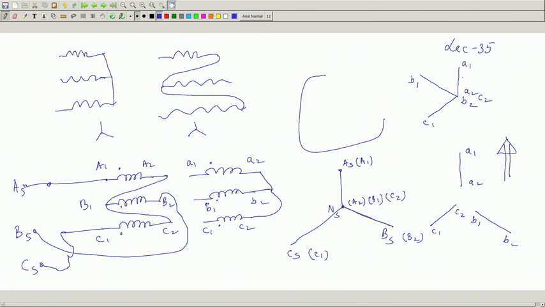Length of each of them will be 100 volt, provided you have applied here 200 root 3. Length of this is 200. So, 100 volt, 100 volt, 100 volt, and then he tells that okay, from this you take the output, 3 phase output.